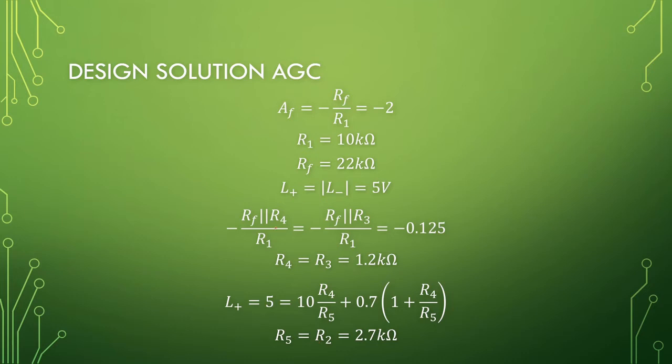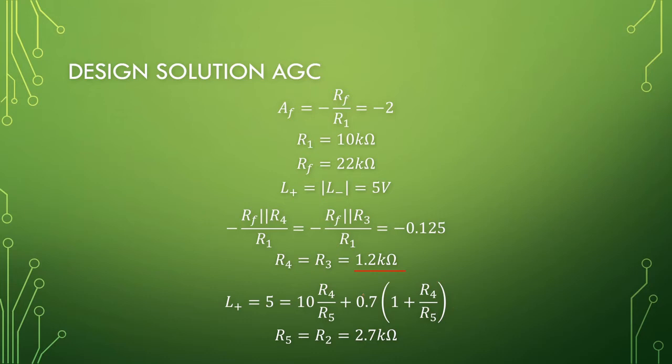We can find the value of resistor 4 by equating this to minus 1.25. We have RF, R1, RF and R1. So this works out at 1.2 kilo ohms.